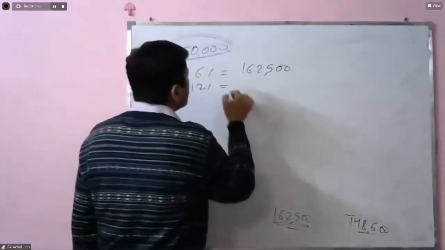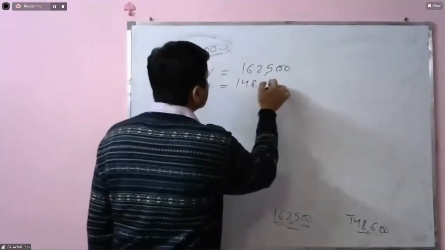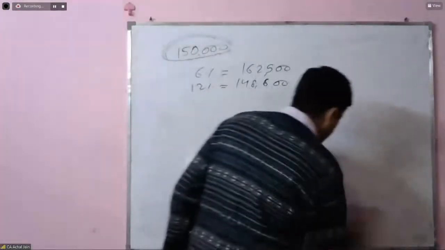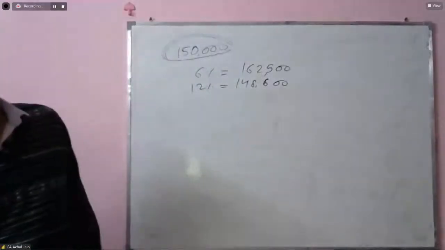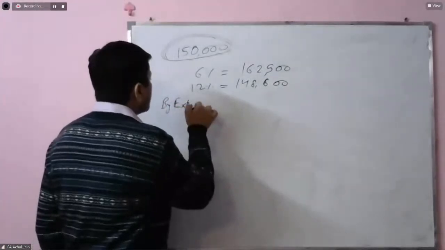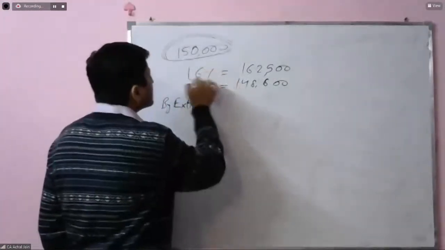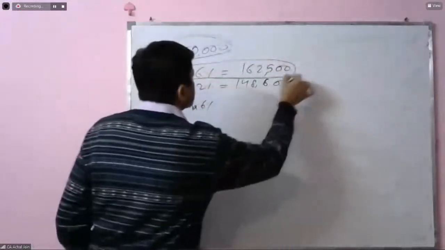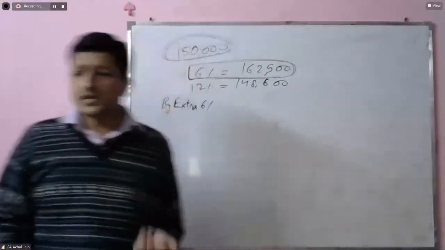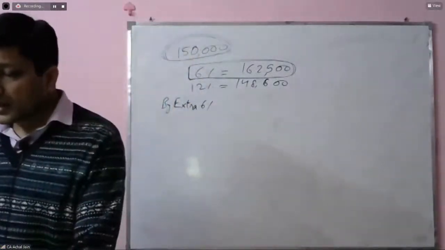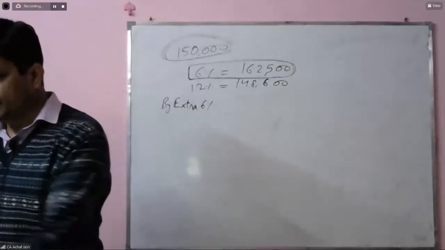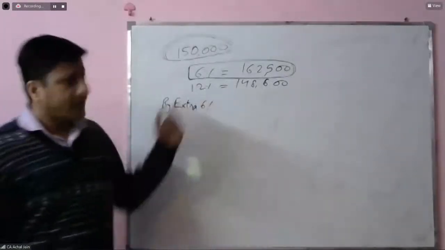At 12% my PV came out to 1,48,600. So if I take this as the base, now I'm taking 6% as the base. Now you may have a question, sir, why you are taking this as the base? I'm just taking it for the purposes of my discussion only. And as I told you, you can pick up any two rates.